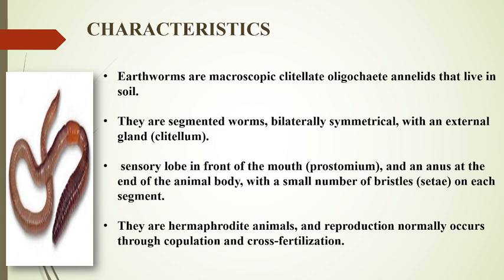Respiratory system: in the case of earthworms, the respiratory system is not well developed. Gas exchange occurs through moist skin and capillaries, where oxygen is picked up by hemoglobin dissolved in blood plasma. Carbon dioxide is released. Talking about the circulatory system, it is fully closed.